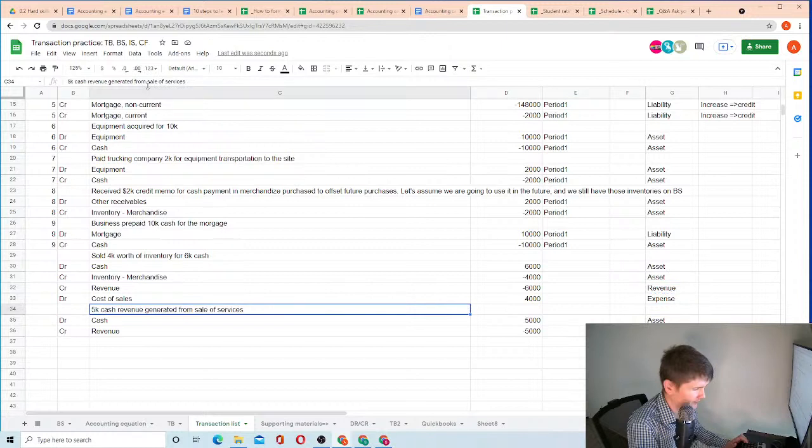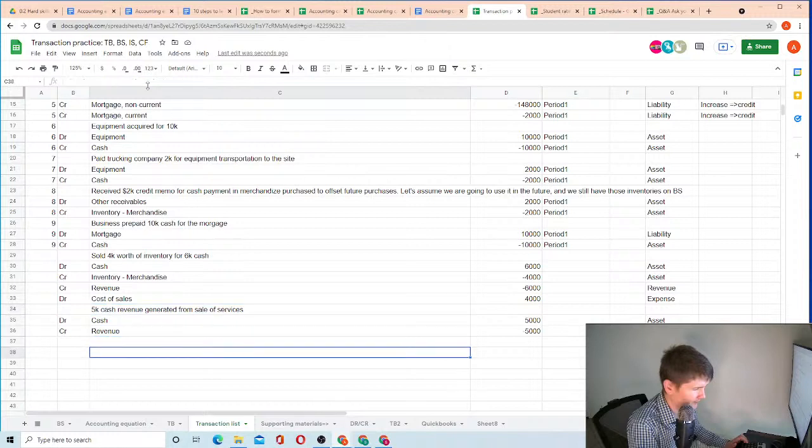So the owner works in the business and he did some services, I don't know, some accounting project or some consulting. And then the owner used some merchandise in providing such services, and he figures out that he needs to reflect it in the expenses.